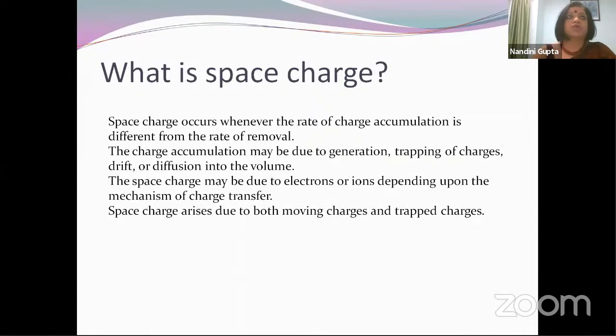Space charge is what causes the transition of Townsend discharges into streamer discharges. Space charge accumulation is what is responsible for trickle pulses in corona. If you remember, we have not discussed in this course. When you have partial discharges on transmission lines, we call it corona.